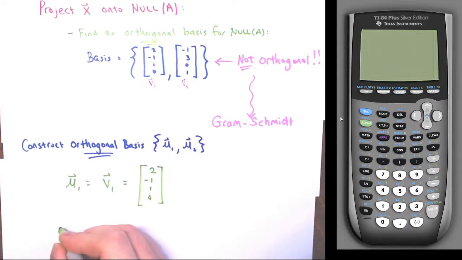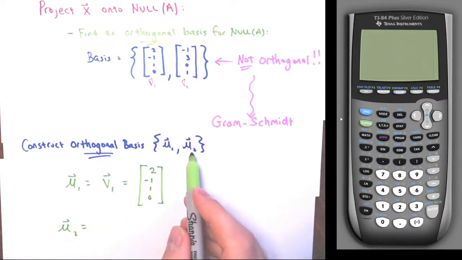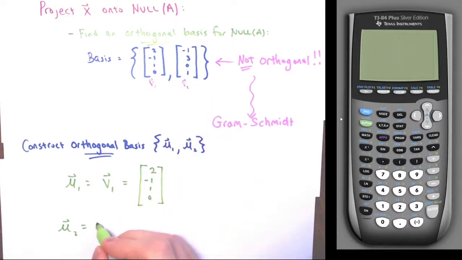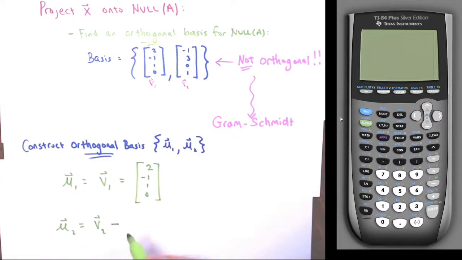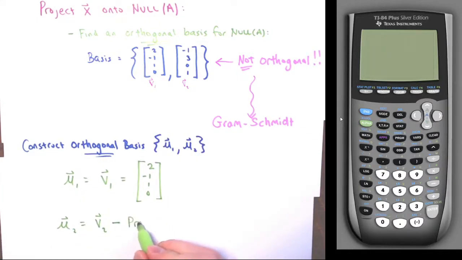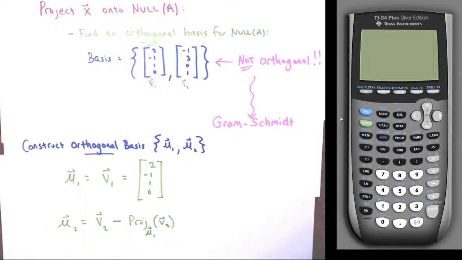Then the second vector in the orthogonal basis, u2, will be the second vector in my original basis, but then minus its projection onto the first vector in the orthogonal basis. So minus all of its projections. Now there's only one vector previously, so the projection of v2 onto u1. And that's it, there weren't any other vectors before this to project onto.